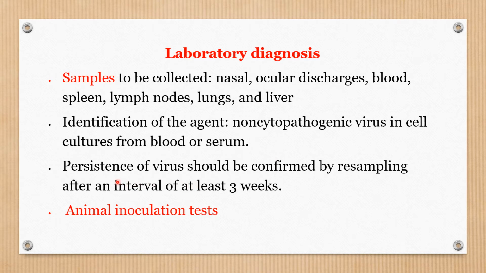In many cases, there is persistence of infection. So this persistence of virus should be confirmed by resampling at an interval of 3 weeks. Animal inoculation test also helps for isolation of the virus.